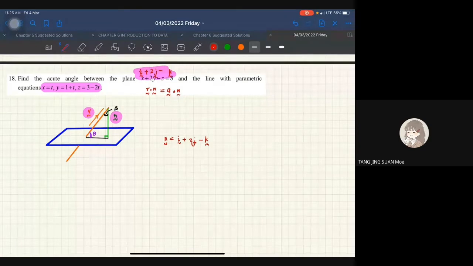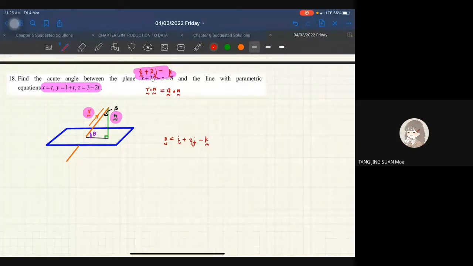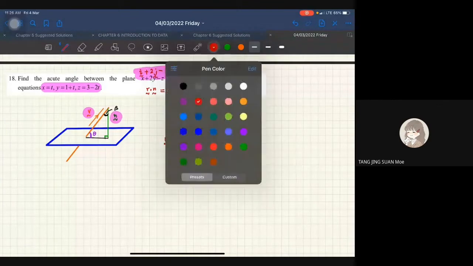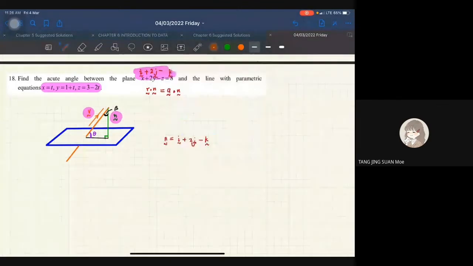So vector V dia akan datang from the line. Okay, so apa equation untuk line? Kalau plane adalah R dot n equal to A dot n. What about line? Yes, thank you.